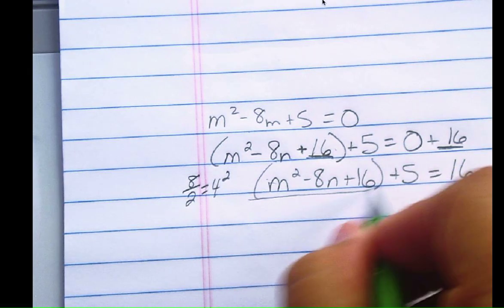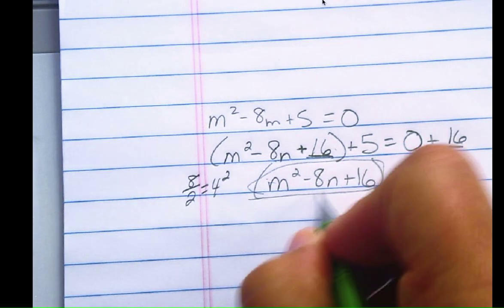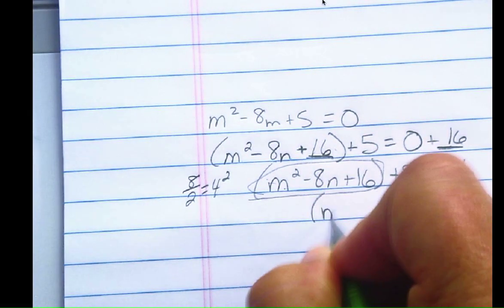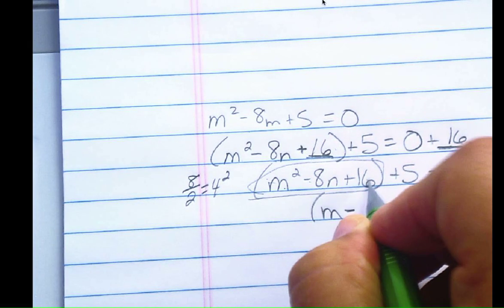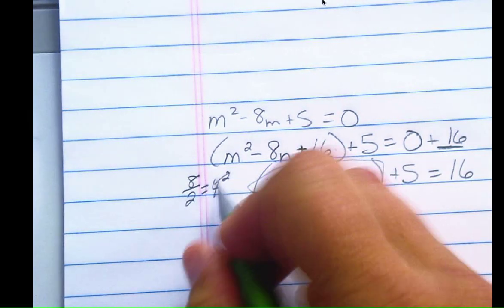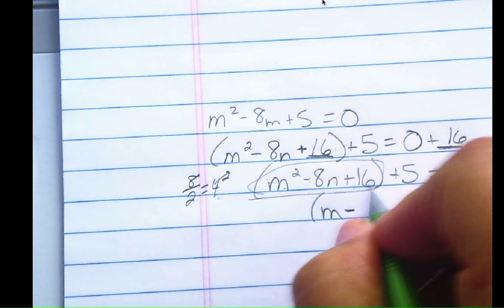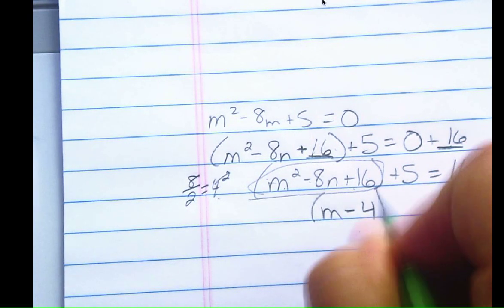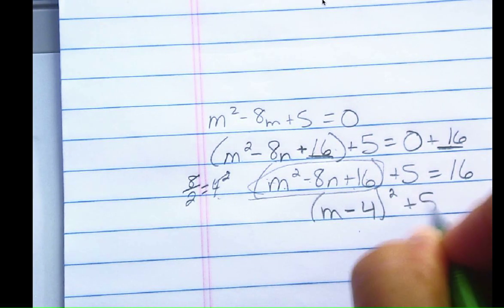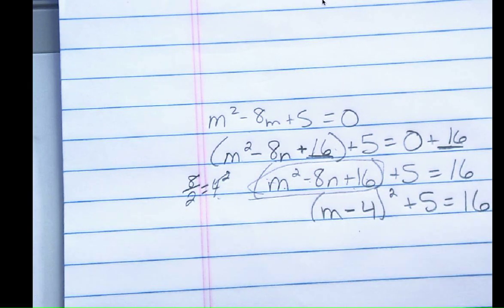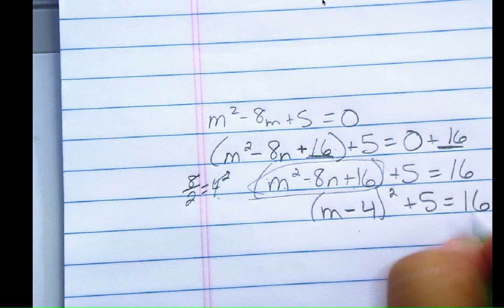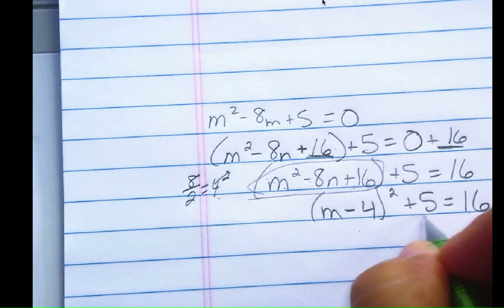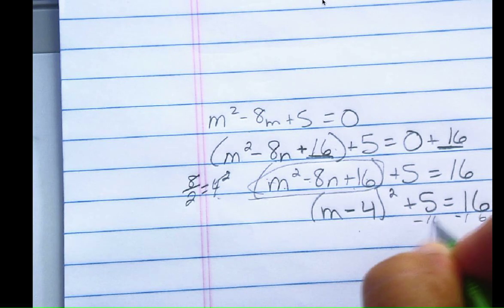Next, I made that completing the square so I can factor it like this. I take one of my m's, my sign, and I take my number 4 that I just found over here in b, or square root of 16, which is 4. Square that quantity and bring down the rest of your equation. Finally, to get it in vertex form, this needs to be 0, so I would minus 16 from both sides.